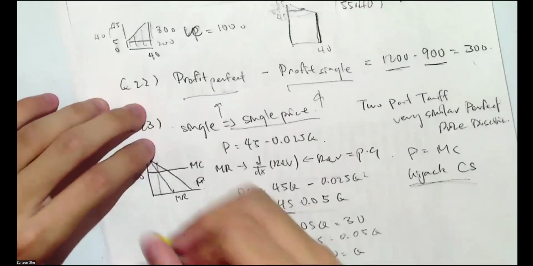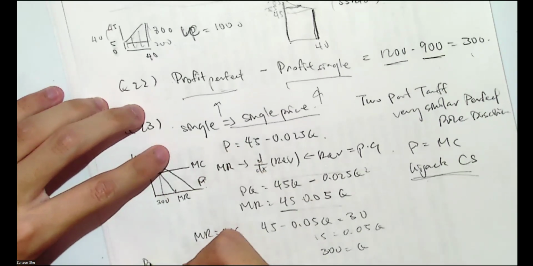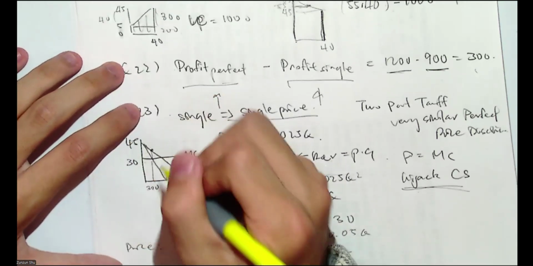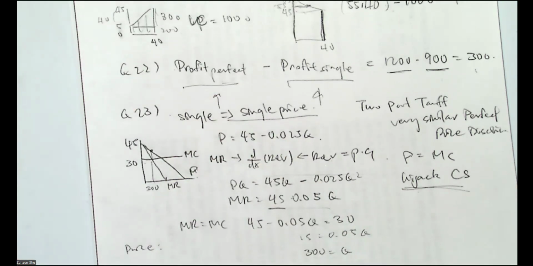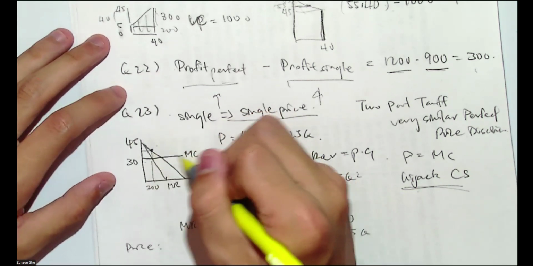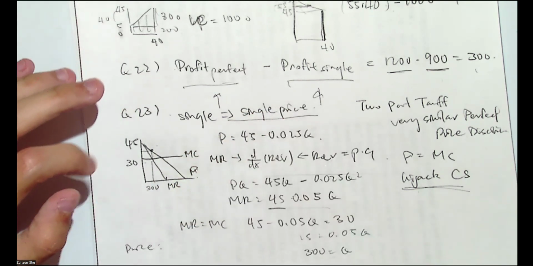And the question is, given a Q of 300, what's our price? Well, what formula could we use to find this? We just need to see what line it's on and we know the right formula. Because this point that we're trying to find a price for is clearly not on the MC or MR line. So we're going to use the demand line.